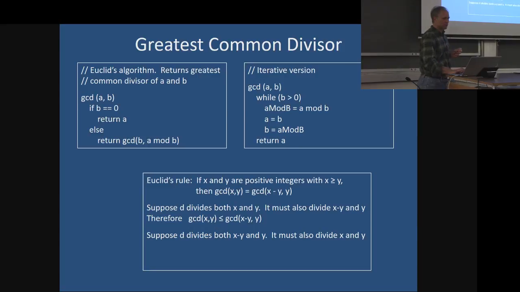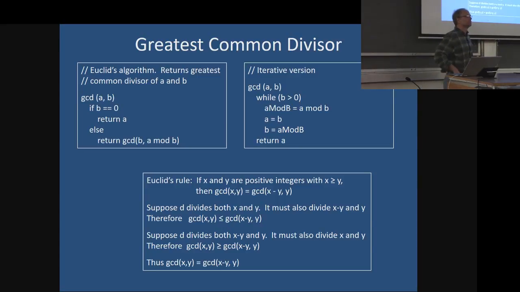And I won't belabor the proof. You can do the reasoning in the opposite order as well. Since D divides X, you can write X as D times another integer, maybe M. And then do the same thing for Y, say Y is N times D. So then X minus Y is D times M minus D times N. Basic algebra says you can factor D out, D times (M minus N), which is also an integer, so then you're done.